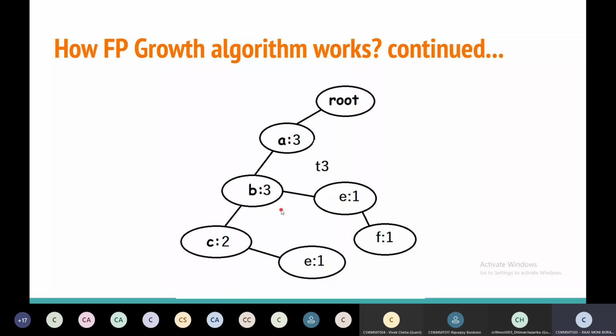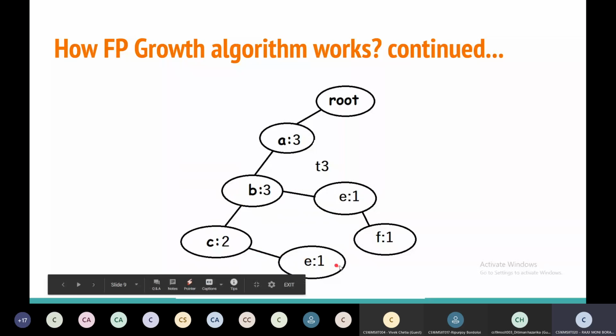Now we need to follow the pattern A, B, E, and F, so I need to create another node coming from B. In this branch, E has occurred only 1 time, so I am writing 1 here. If it had come here, I would have to write 2 or 3. After E we have another node, F1. F has occurred one time, telling the occurrence of that.